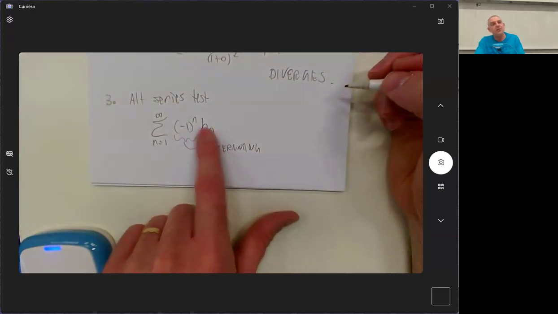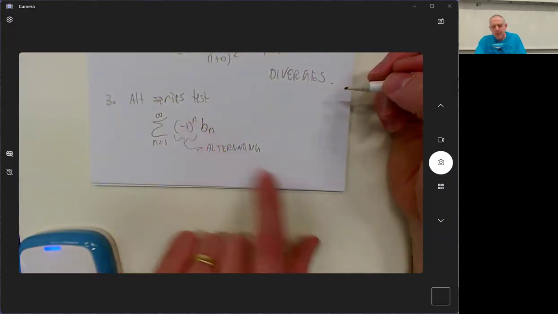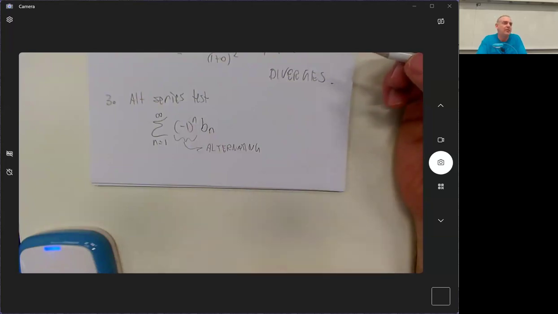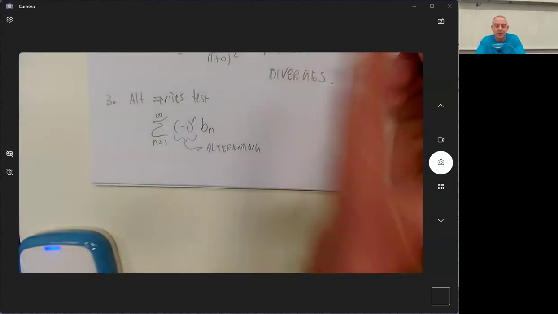And then the bit without the minus 1 to the n, the positive bit, the limit of that has to go to 0. Obviously, because the limit of that does definitely have to go to 0, otherwise it won't converge based on the previous test.